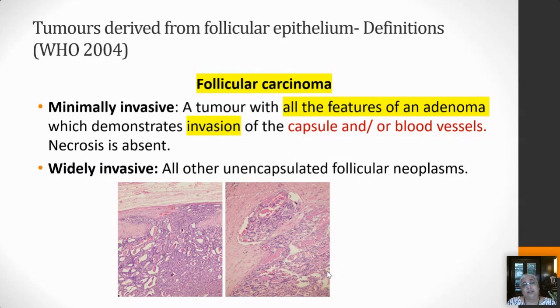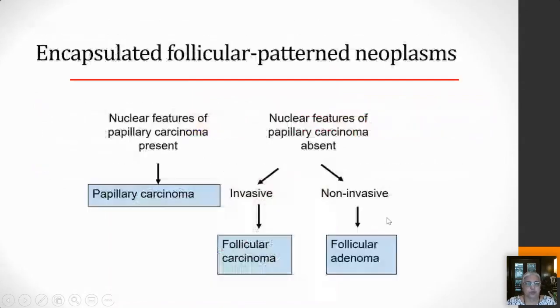Any other carcinoma that had a follicular appearance without the nuclear features of a papillary thyroid carcinoma was called widely invasive. And you can see two pictures here. You can see the thick capsule, and you can see a mushroom-like invasion of the capsule. And here you can see invasion into a vessel which is situated within the capsule.